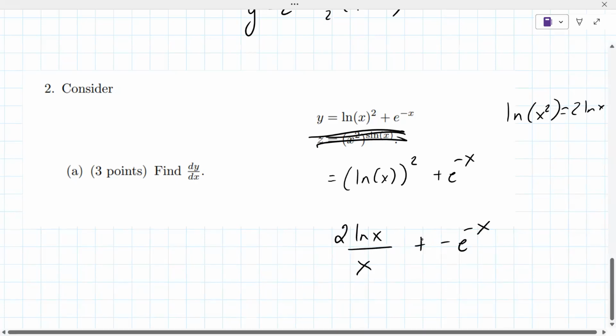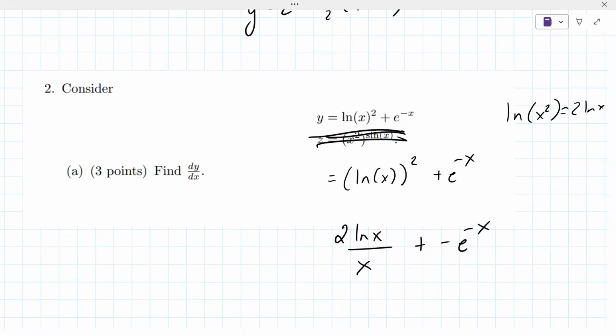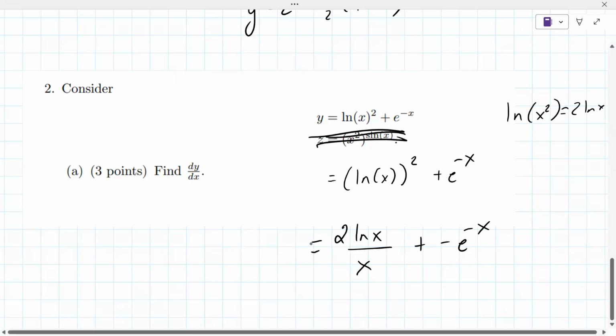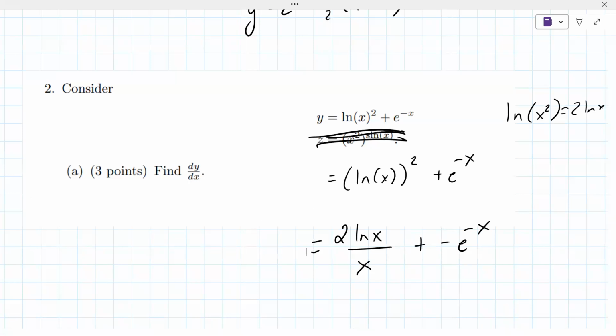Or minus, either one. And then dx times dx. Yeah, so no, you don't need any more than this because you're not doing differentiables or other stuff.